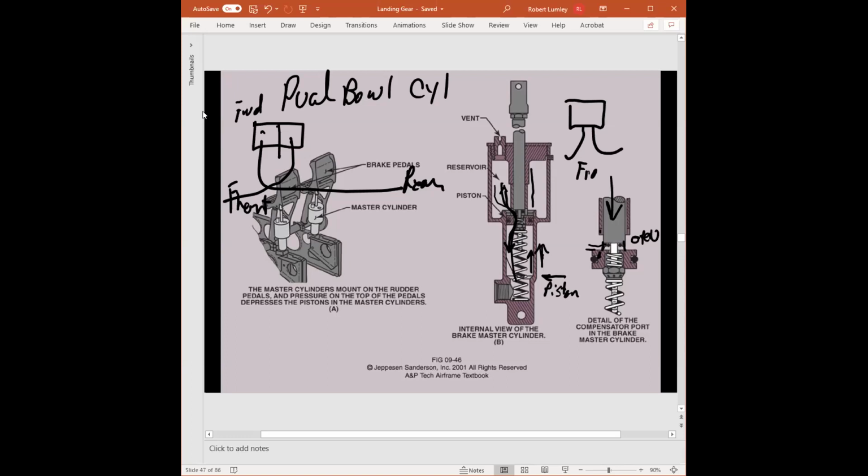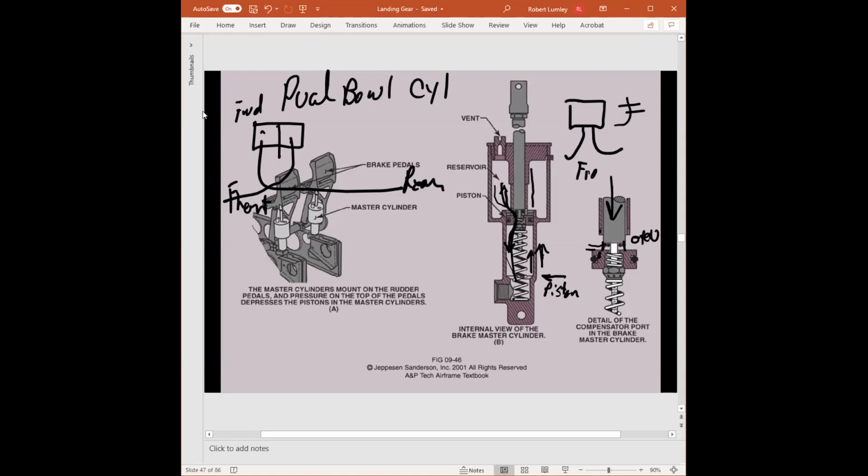I survived without getting into a wreck. Luckily, I was able to coast to a stop. When I investigated, I found the right rear brake line rusted through and blew out, and because I only had one bowl, it leaked everything out, and I had absolutely no brakes. If I had a dual bowl at that time, I would have lost the rear brakes, but I still would have had front brakes.